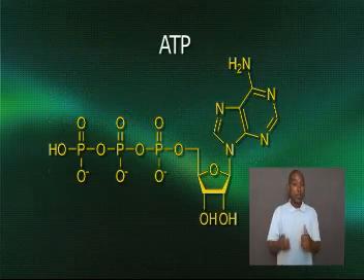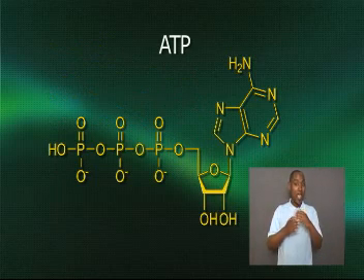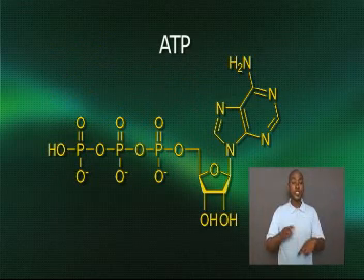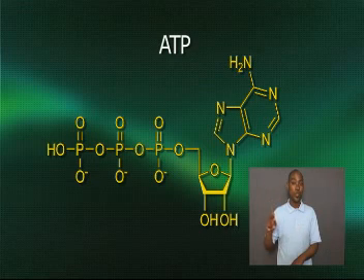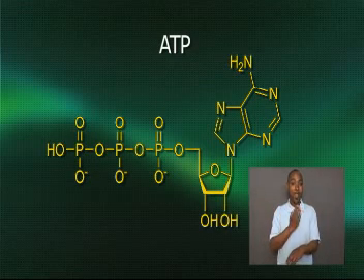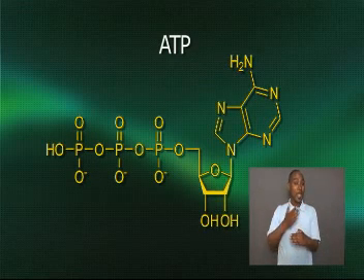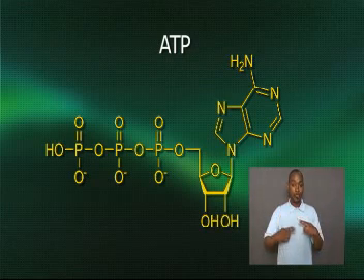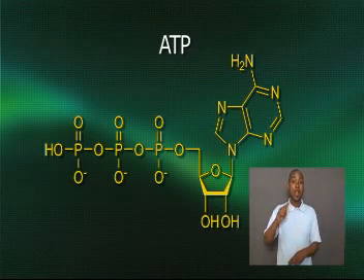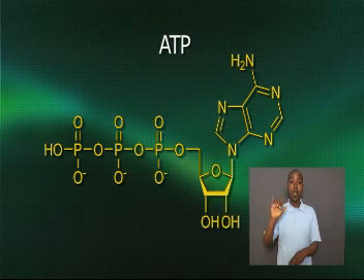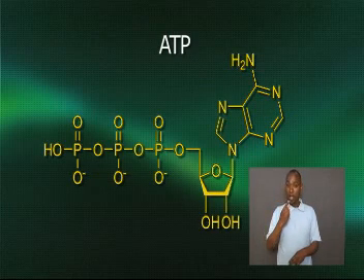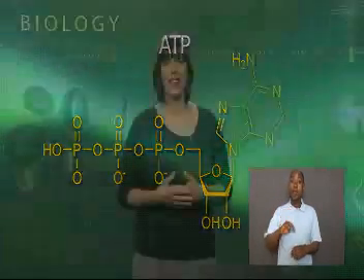In the first stage of cellular respiration, ATP is used to provide energy for the first stage of respiration called glycolysis, which takes place outside of the cell's mitochondria.